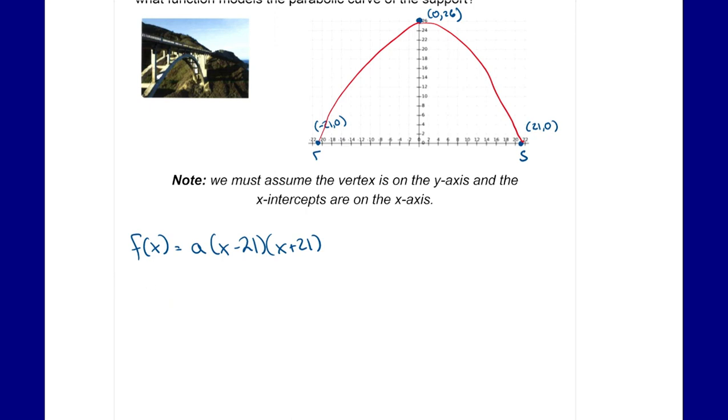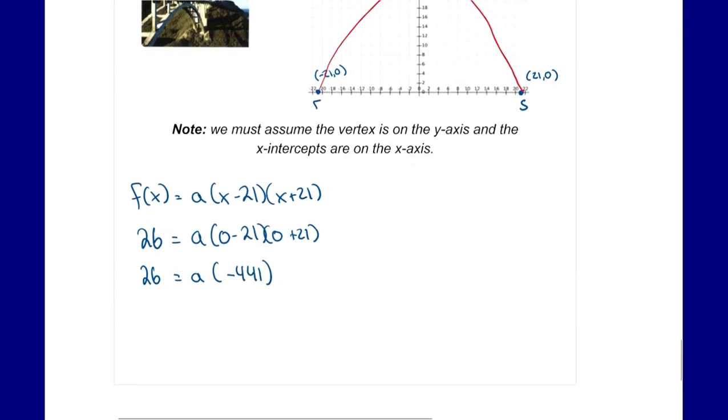So the function is going to equal 26, which is equal to a times 0 minus 21 times 0 plus 21. 26 is equal to a times negative 441. Divide out to get a by itself. Negative 26 over 441 is equal to a.